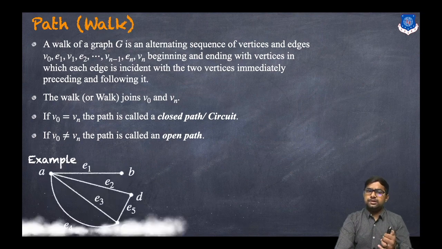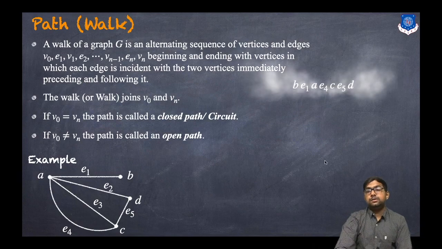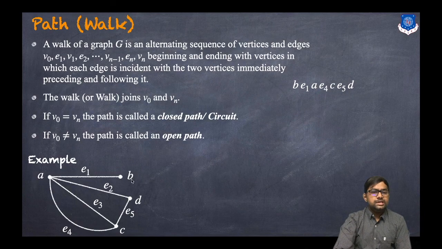Now for example, consider this type of graph. What will be the path? Just take B, E1, A, then E4, then C, then E5 and D. So it is a path, and it can be any path. It just starts from a vertex, ends with a vertex, and the edges are alternating.